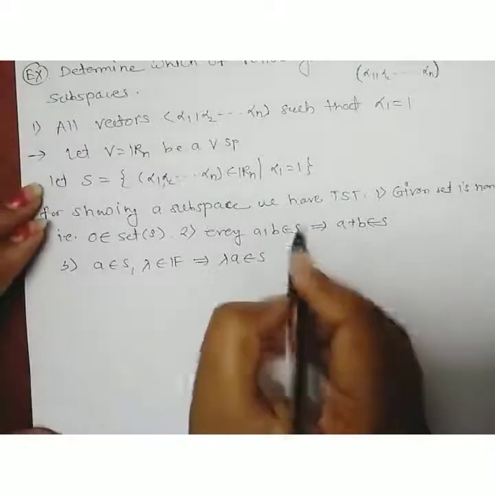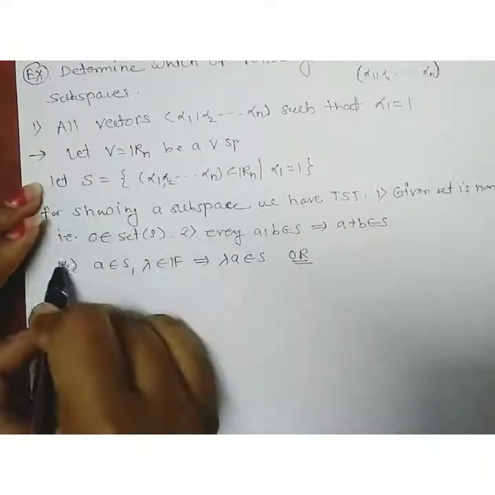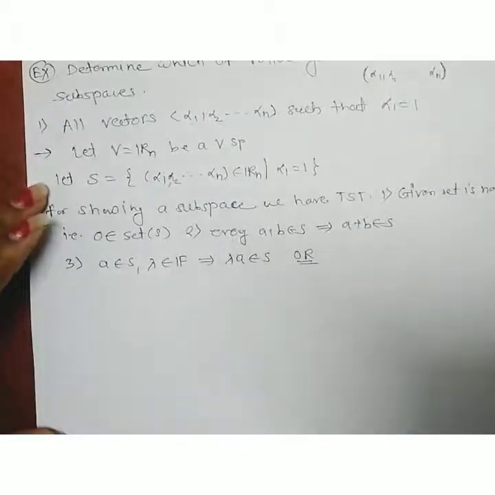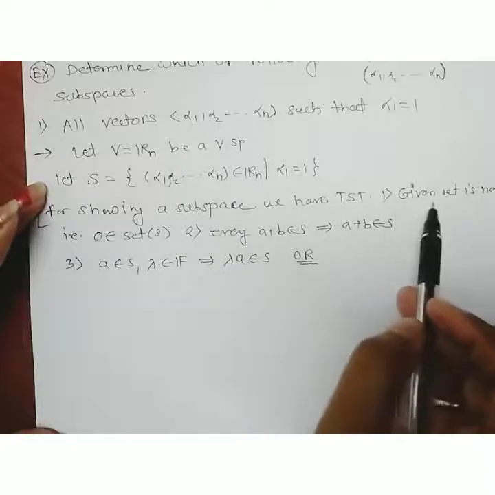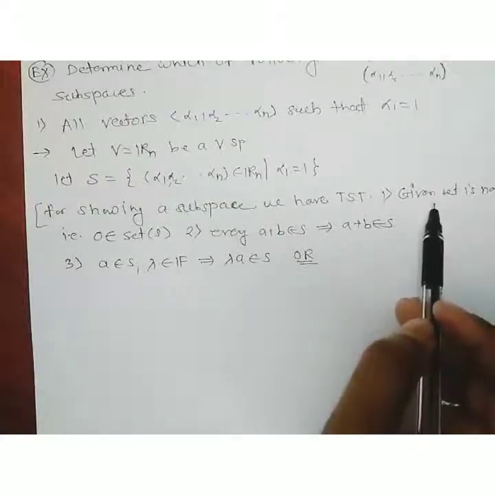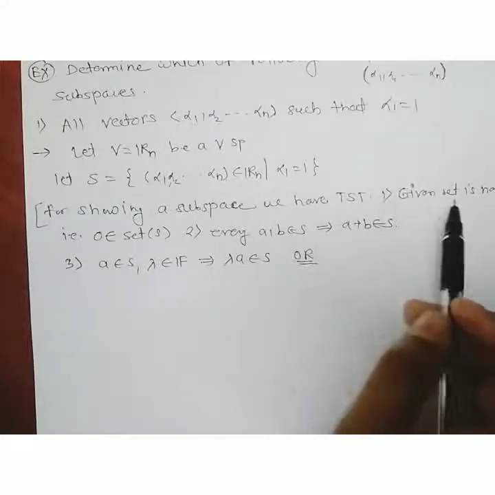For these two conditions there is another, equivalent condition. Either we show these two conditions, or one. First of all we have to show this set is non-empty. This is very important. In both cases we have to show that this is a non-empty set.